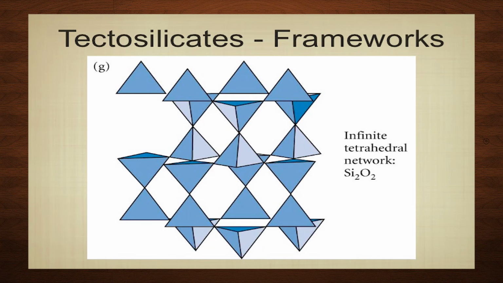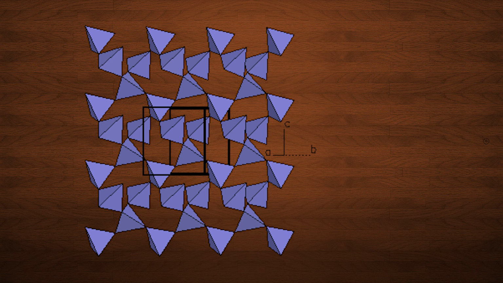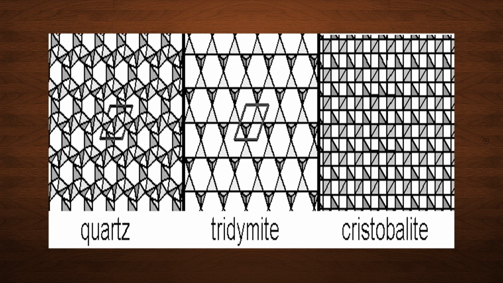Tectosilicate or framework structure. In tectosilicates, tecto equal to framework, SiO4 tetrahedra share all their corners with other tetrahedra, forming a 3-dimensional network in which the Si:O ratio is 1:2. The various forms of silica, SiO2, namely quartz, tridymite, cristobalite, have the network arrangement of SiO4.